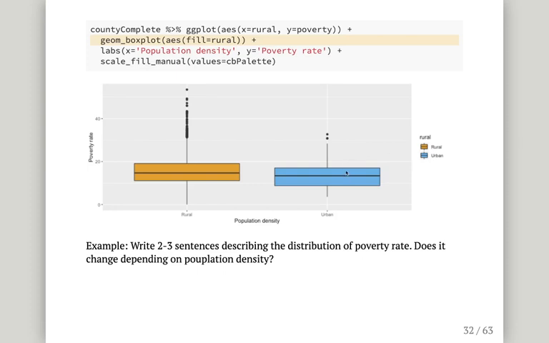So for urban communities, 50% of those counties have a poverty rate that's somewhere between about 9% and about 17%. The median looks like it's somewhere in the 14% range, and there are two outliers in the urban counties. For rural counties, the poverty rate's a little bit higher, generally between 15 and 20%. The median's a little higher as well, looks like that's about 16%, and there are more outliers, more communities in extreme poverty.